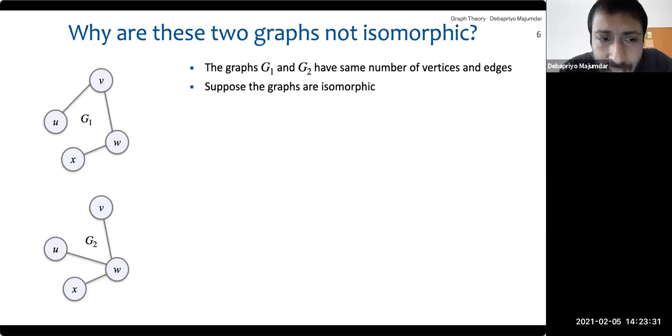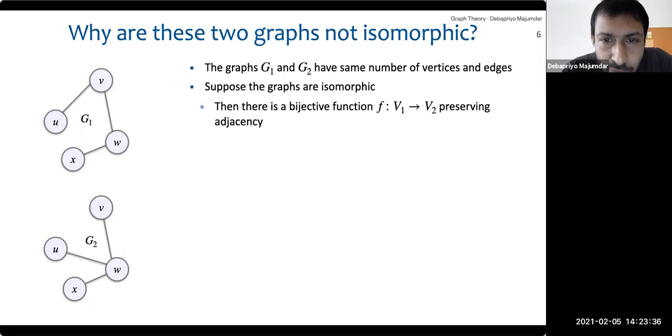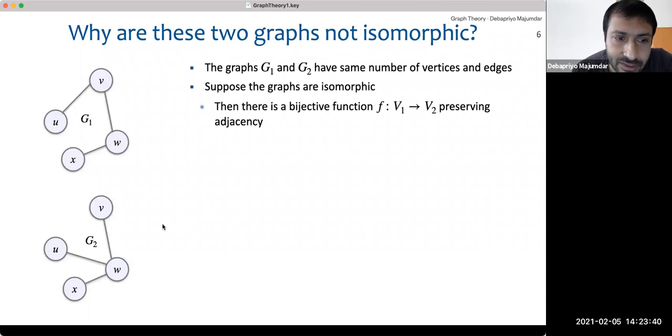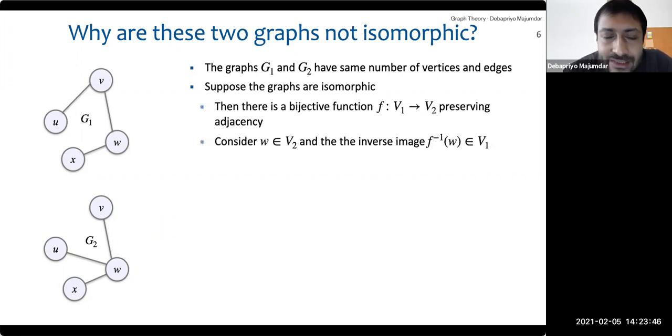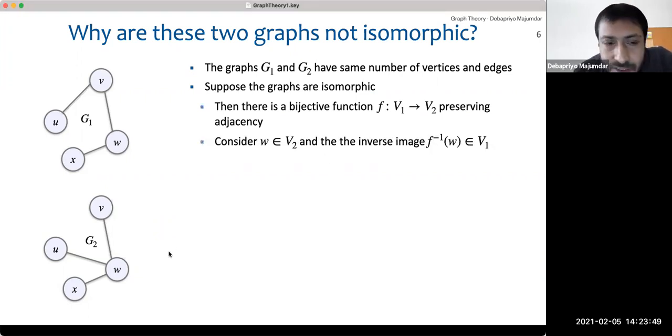Now suppose the graphs are actually isomorphic. Then there should be a bijective function from this set of vertices to this set of vertices, right? We should be able to find a map like the one we were talking about. Now consider the inverse image of W here. That means some vertex from G1 must go to the W in this.